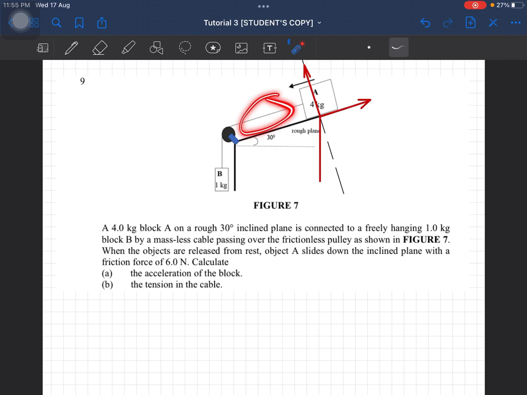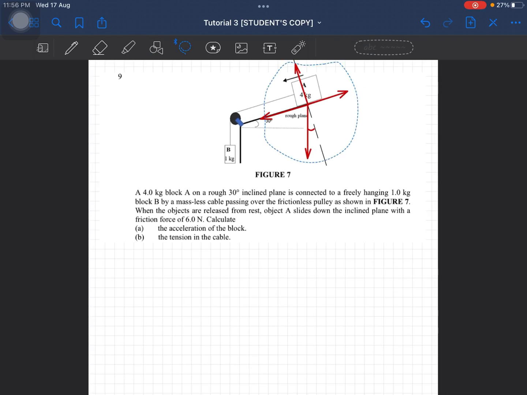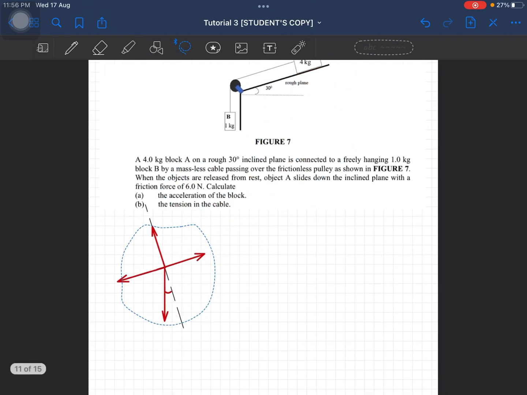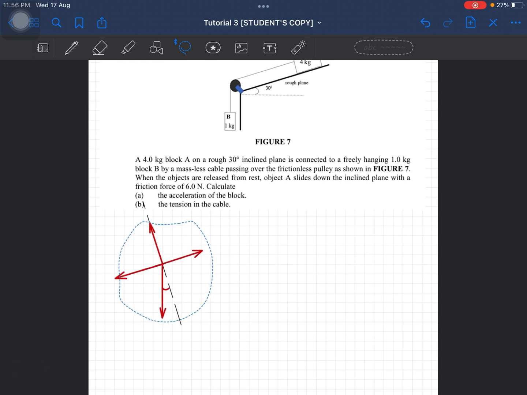Then we have this tension here away from the object along the rope. Dia di sini lah kalau kita buat. Okay, I'm just gonna remove this so that I can put it somewhere here.